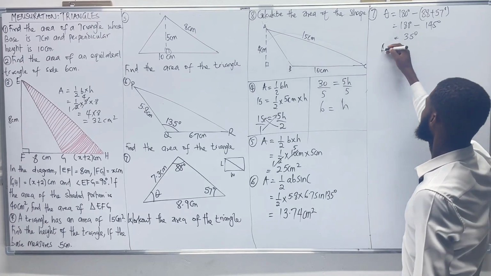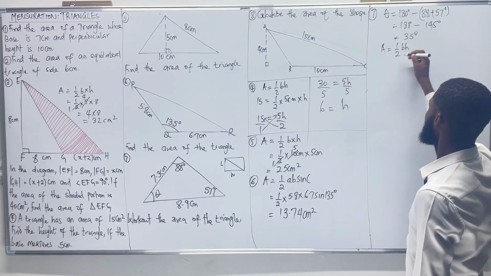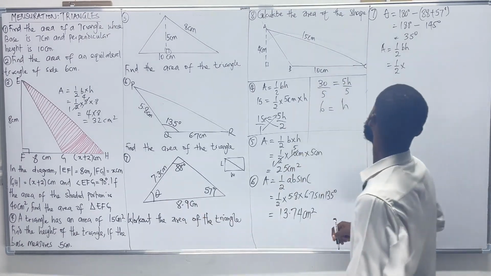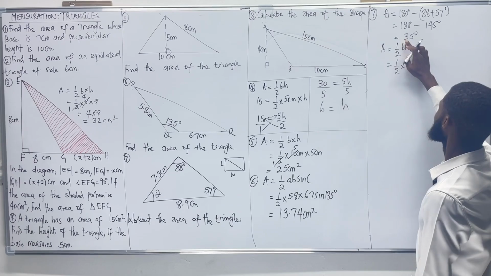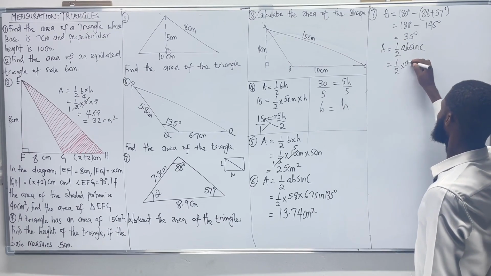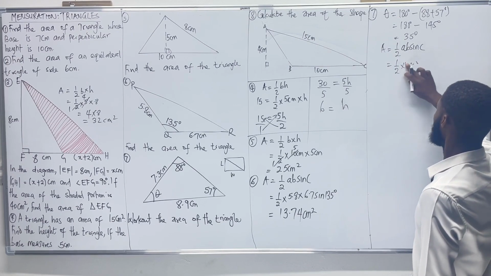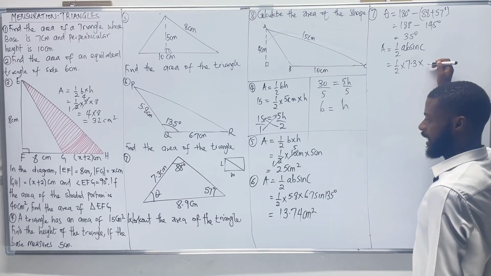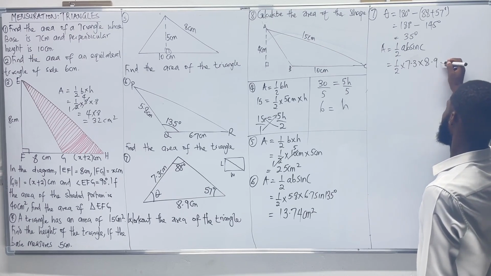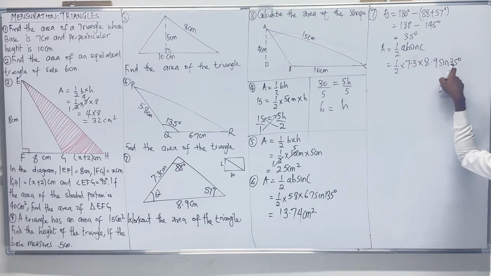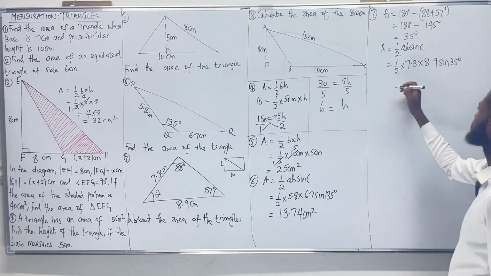So area is half times ab sine C, so not the base and height. Our a could be 7.3, then b is 8.9, and then sine 35, because 35 degrees is the value of that angle between them.